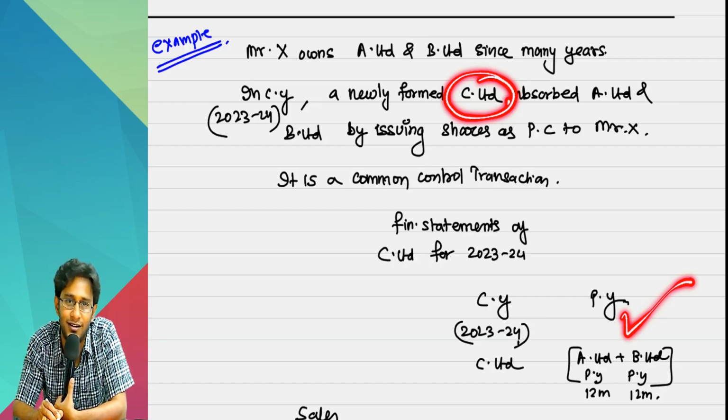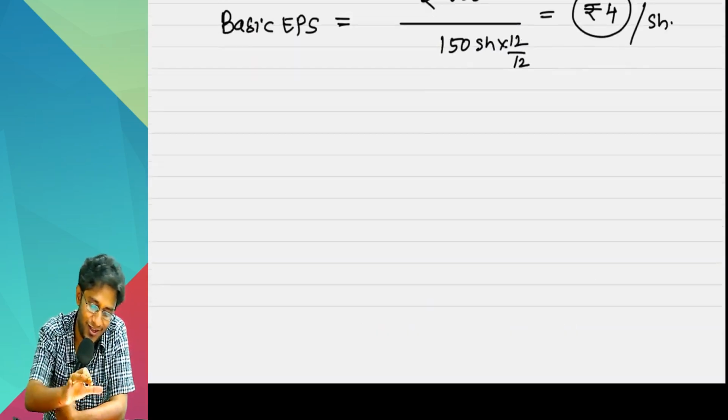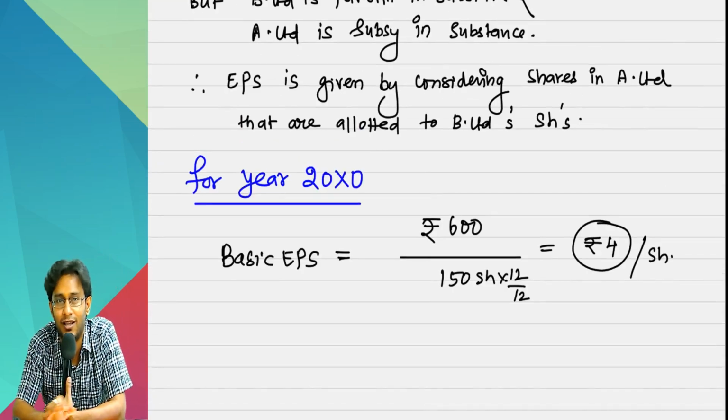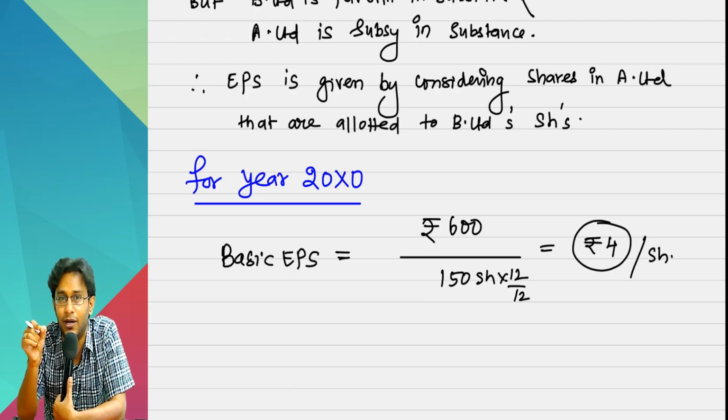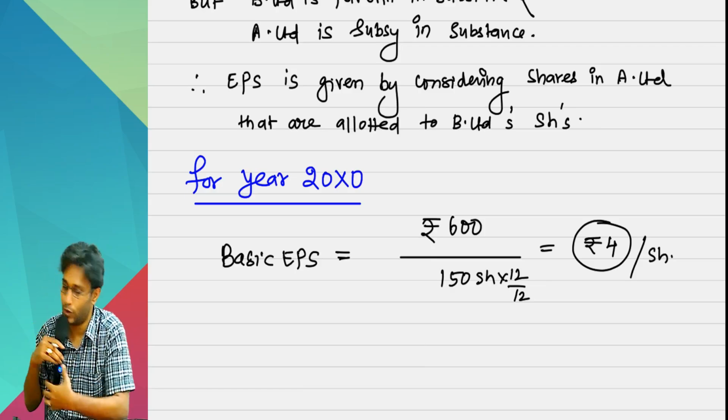Last year C Limited is not there. Did you still give comparative? Yes, because C is nothing but A plus B. Likewise, conceptually 150 shares are not there last year, but B Limited, whoever is the real parent, that fellow was there last year also, no?